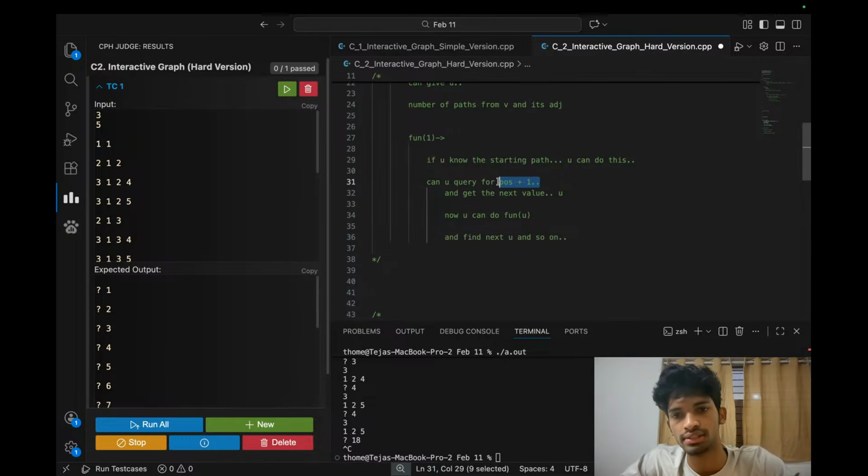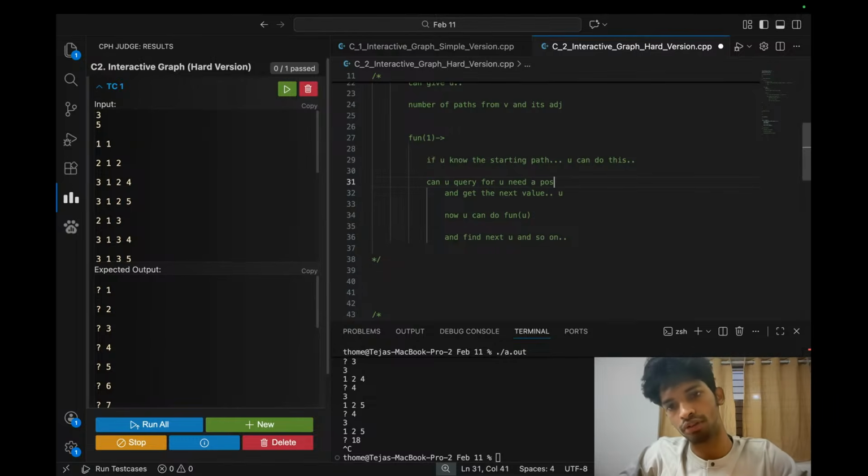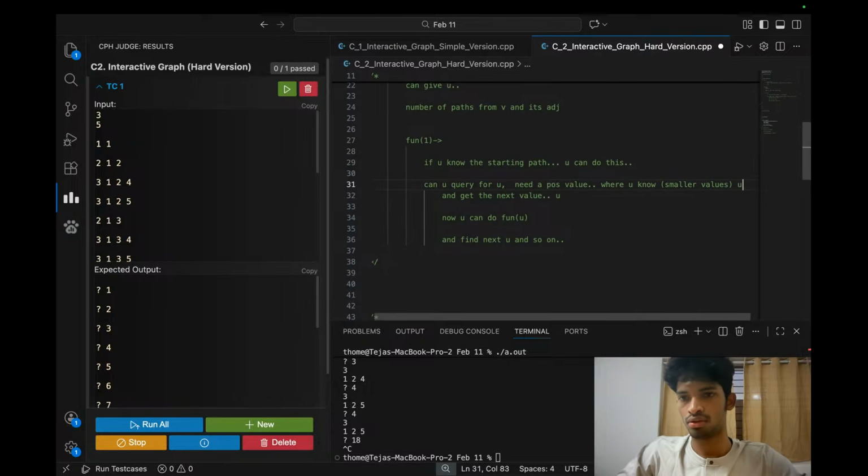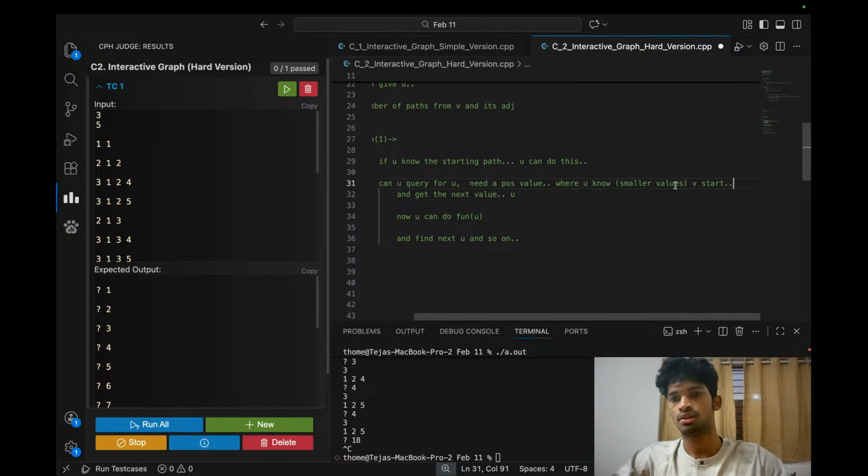Instead, what you know is you need a pause value where you know smaller values and then v start. You know some smaller value and then v start. You need that index. That's all you need.